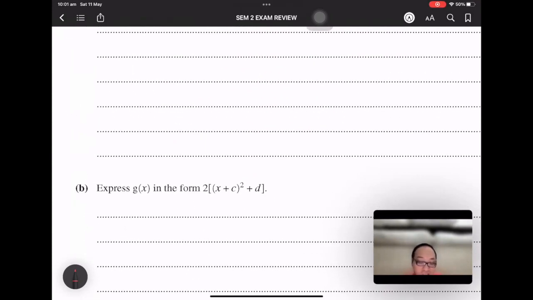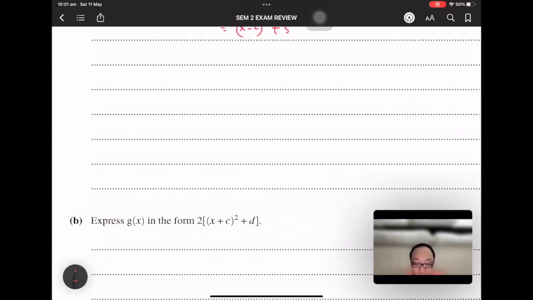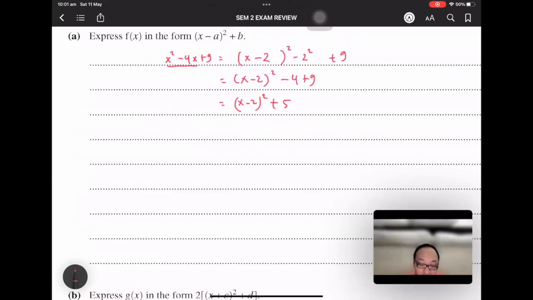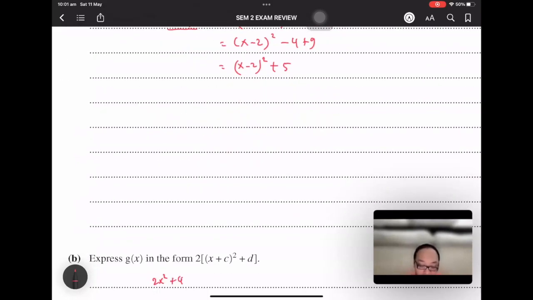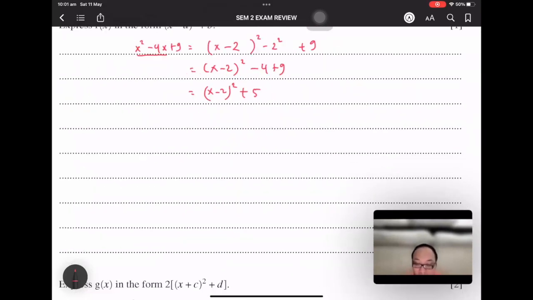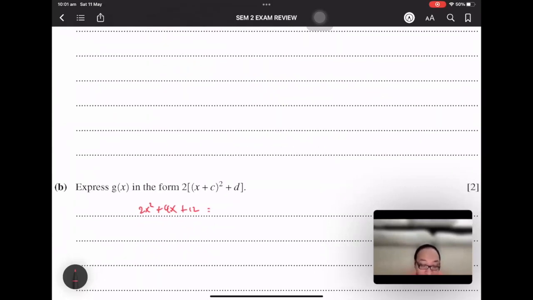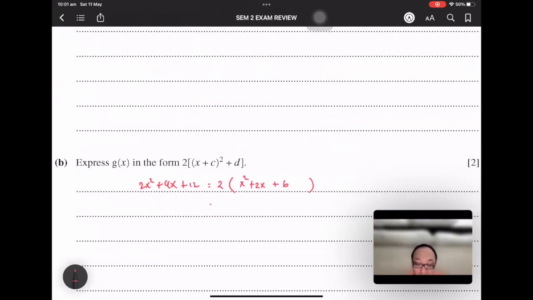Express g(x) in the form of, okay, completed the square again: 2x squared plus 4x plus 12. So I can factorize all by 2: x squared plus 2x plus 6. Now I complete the square for this.